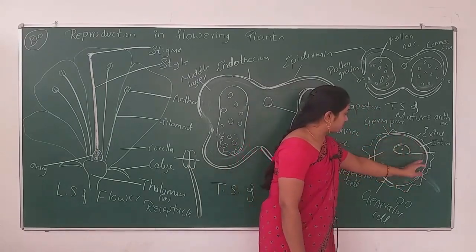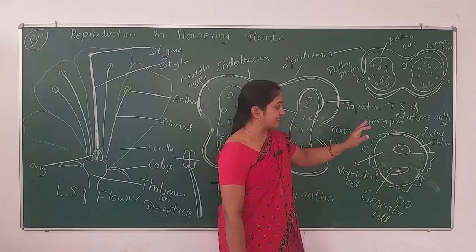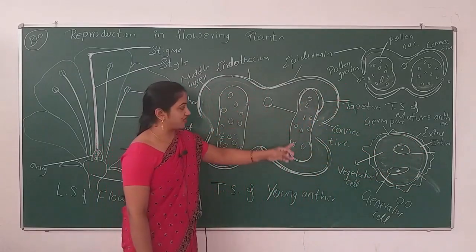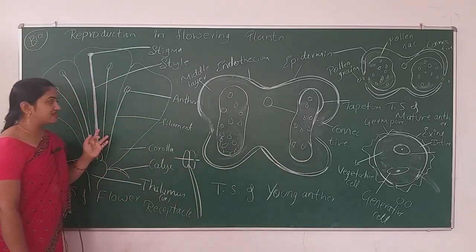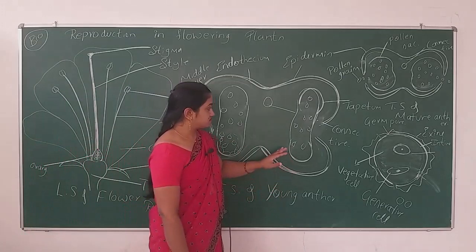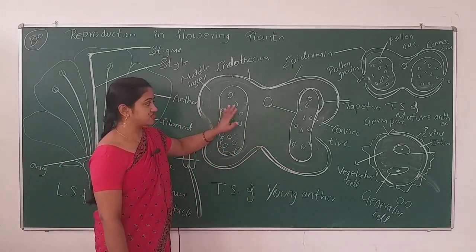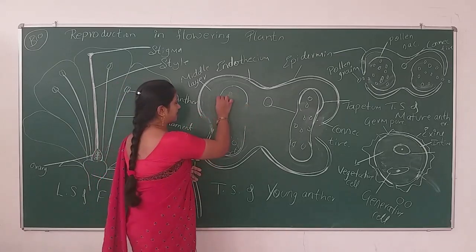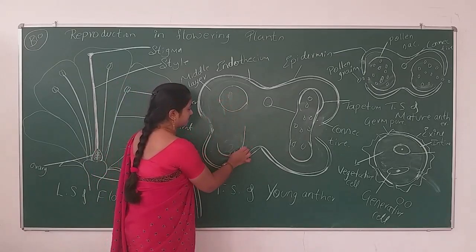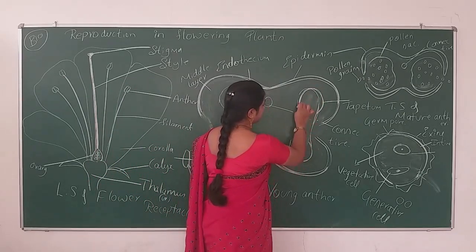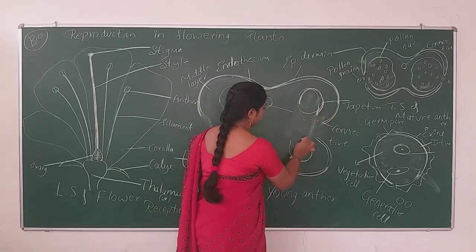So that's all about the pollen grains, TS of mature anther, TS of young anther, and LS of female flower. Look at this diagram, I made some corrections here. Please don't do this. When you are writing the TS of young anther, your diagram should be like this.